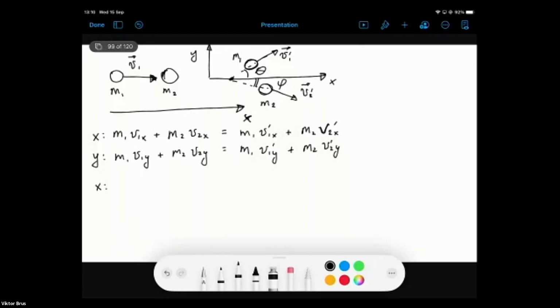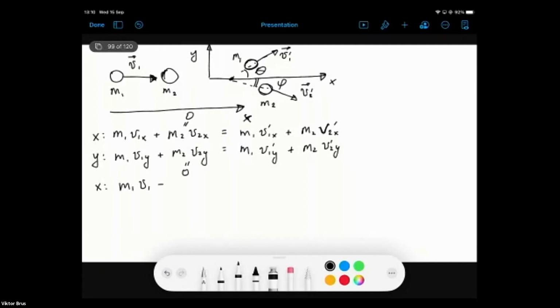We have m1 times v1, and v1 is parallel to axis x and pointed in the same direction as axis x. So we can write m1 times v1. Then we have the stationary body m2, so it doesn't move. So this will be equal to 0. This component is also equal to 0.